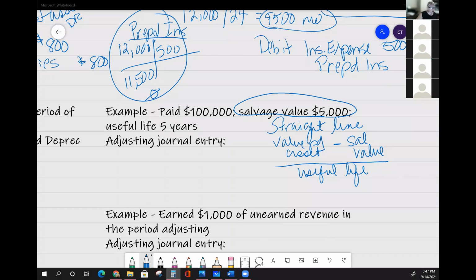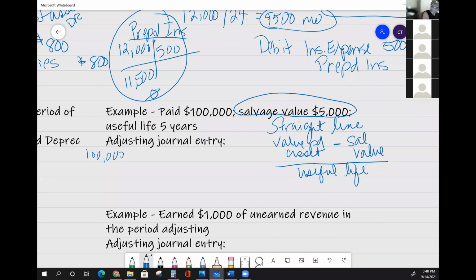So I'm not going to take $100,000 that I paid for that and divide by 5, because then I wouldn't have the right amount for my adjustment. I have to take the $95,000 and divide that by 5 in order to come up with the correct amount. So in this example, it would be 100,000 minus 5, divided by 5 years. That's going to give me $19,000 per year.